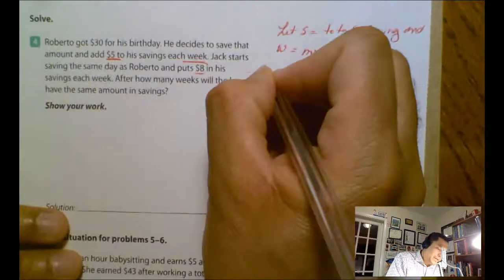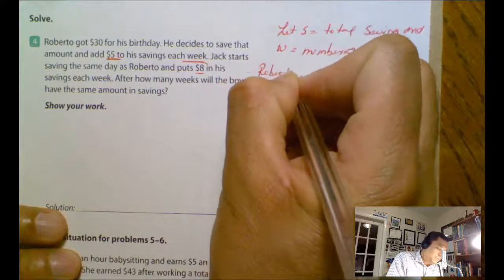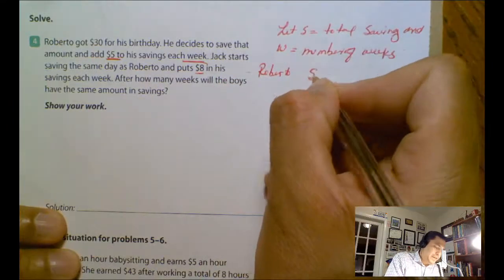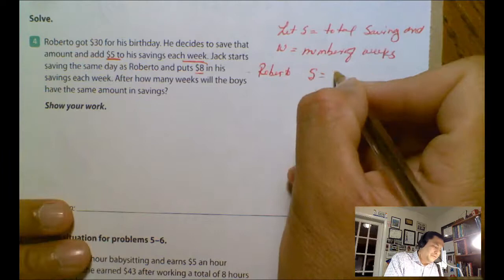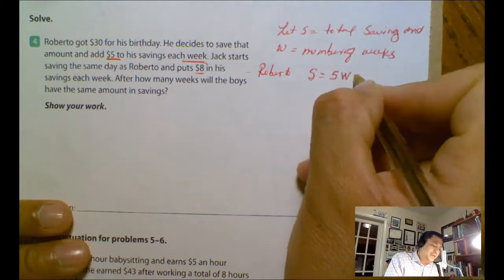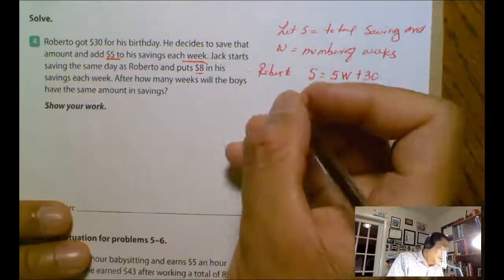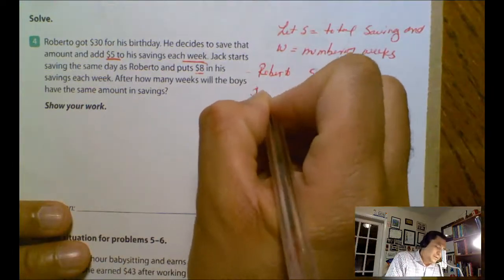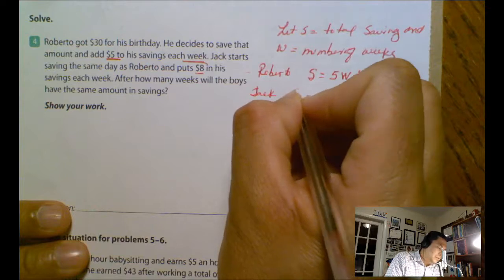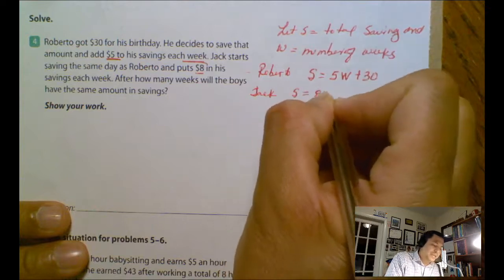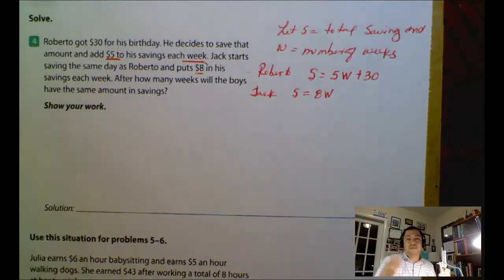So in this case, Roberto's savings equals $5 every week plus the $30 that he put in the bank account. Then we have Jack, whose savings equals $8 every week. So we're going to see when they're going to have the same amount of money.